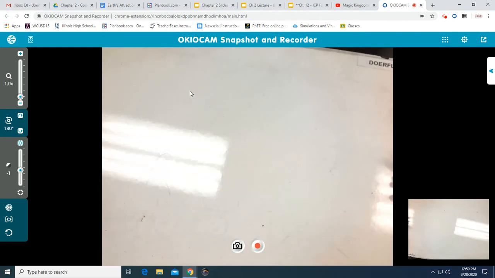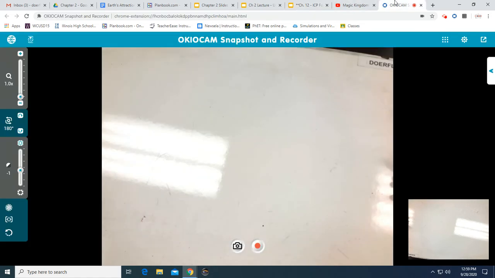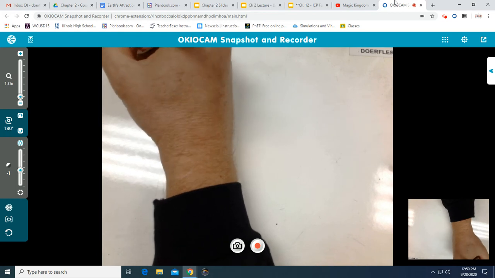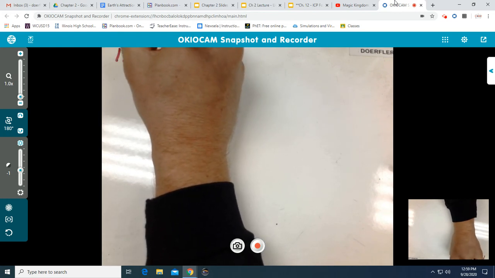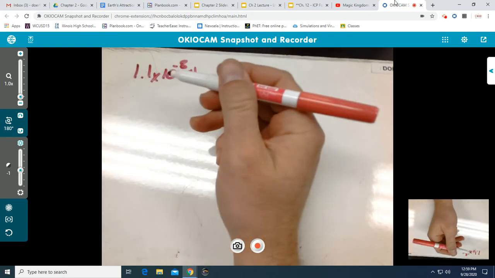So let's go to the presentation here and see what happens. We saw what our original number was. Now it says, what happens to that gravitational force if the distance is doubled to 50 meters. I'm just going to put what I had up here, 1.1 times 10 to the negative 8th newtons, so we can compare.